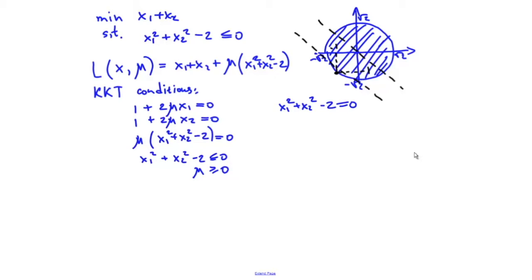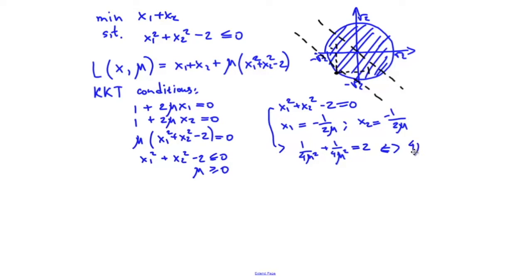Now we can express x1 and x2 through mu from the first and the second equation, right? From the first equation, x1 is given by -1 over 2 mu. From the second equation, x2 is given by -1 over 2 mu. And then when we plug in these expressions for x1 and x2 in this equation here, then we'll have 1 over 4 mu squared plus 1 over 4 mu squared is equal to 2, which is the same as 4 mu squared is 1.